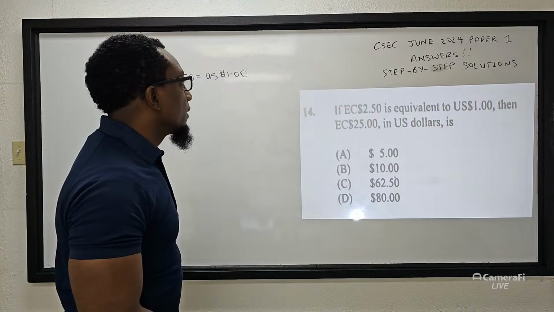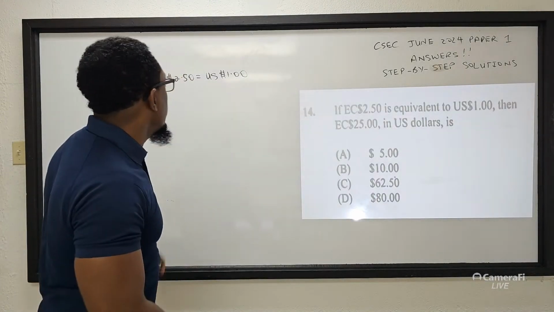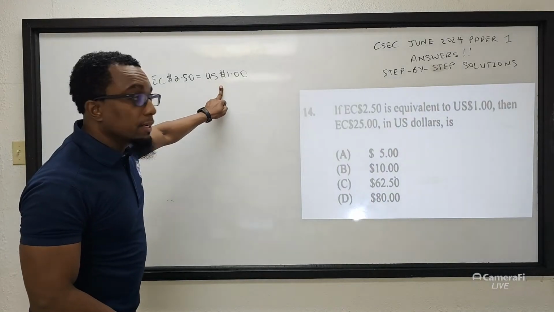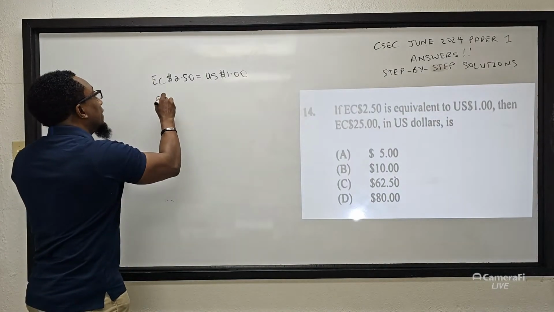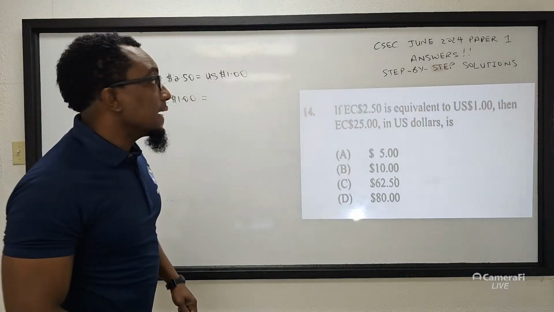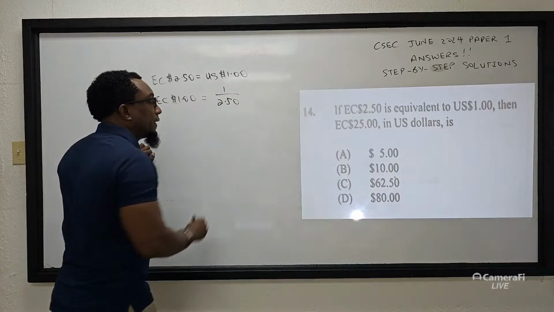It's important for us to find what one EC dollar is equal to, and that's simply equal to 1 US over 250.